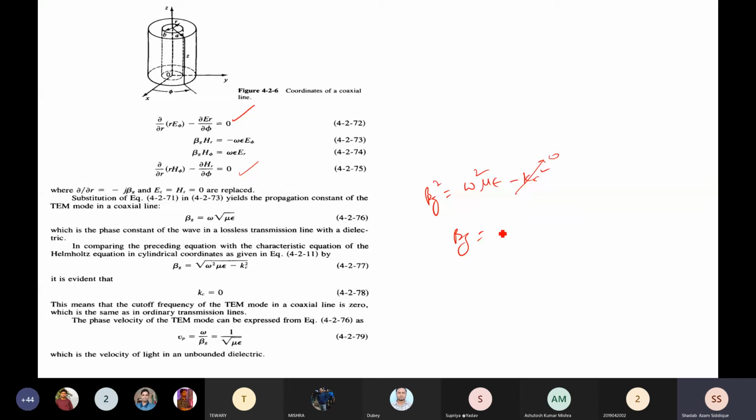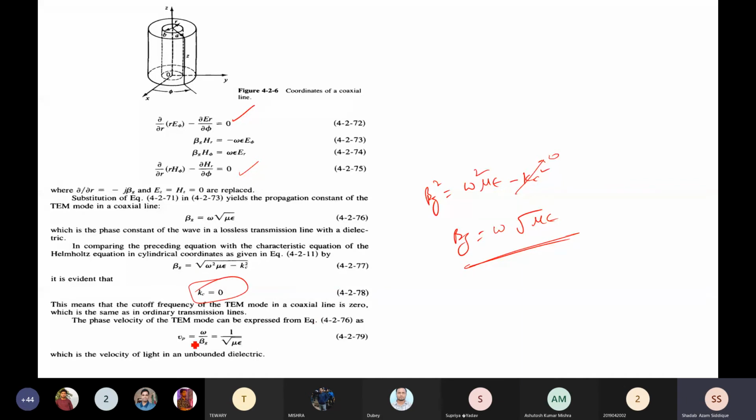So beta g is nothing but omega root mu epsilon, which is the phase constant of the wave in a lossless transmission line with the dielectric.